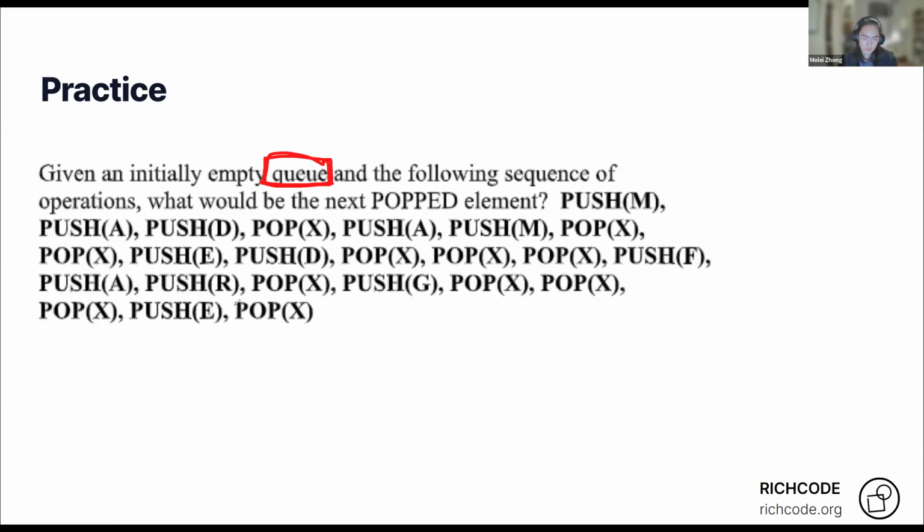And if the first one is popped, then we go -1. But we can't use the counting solution on queues. Queues pop from the beginning. So here you can just write it out.